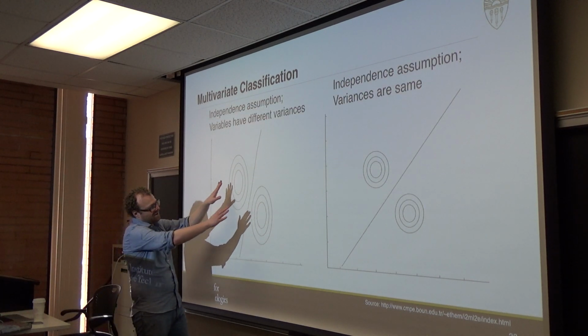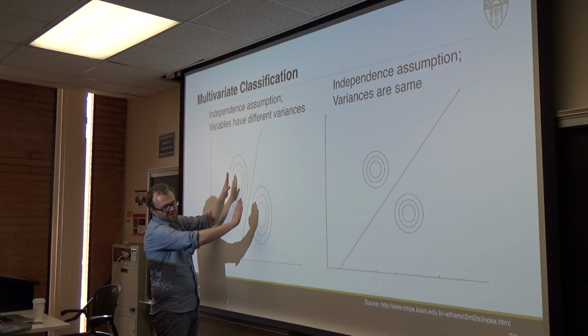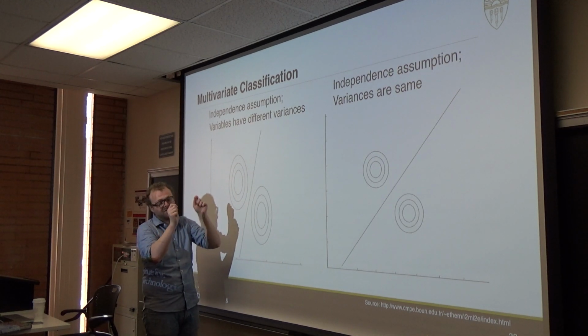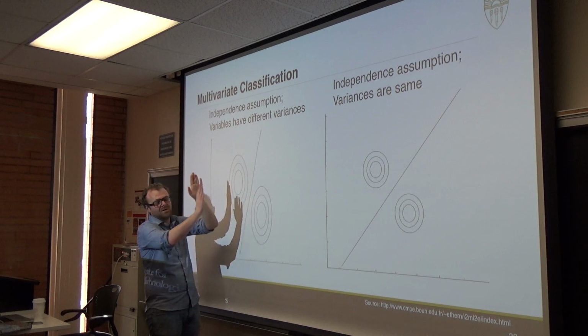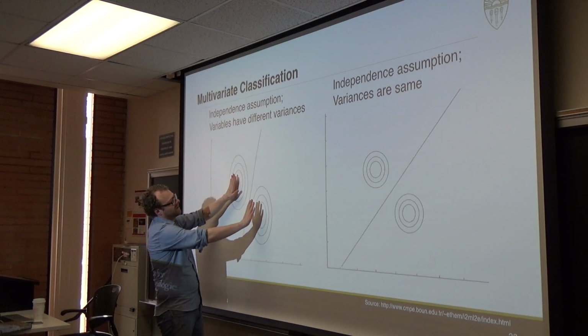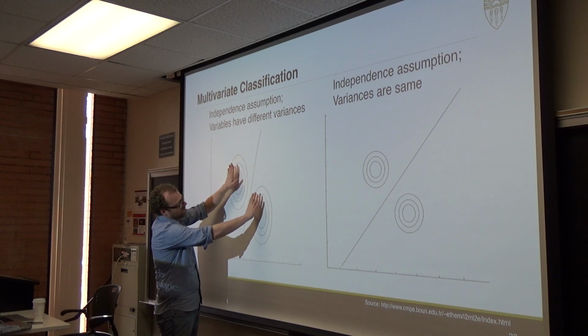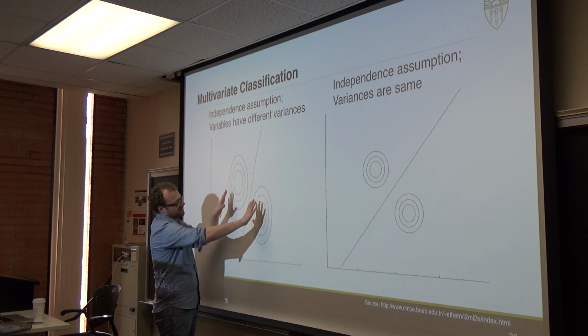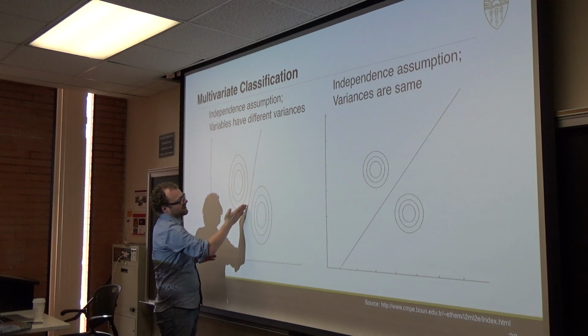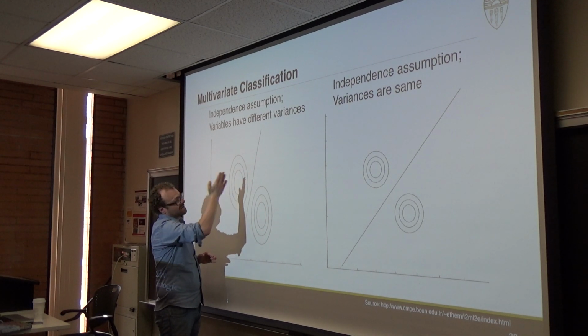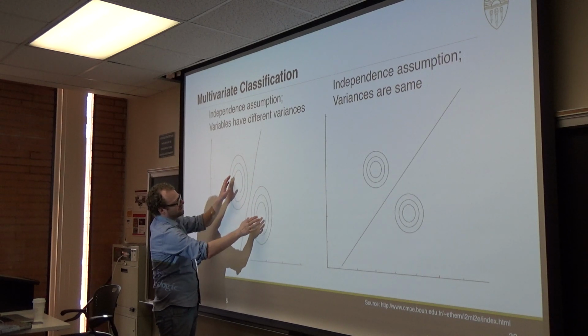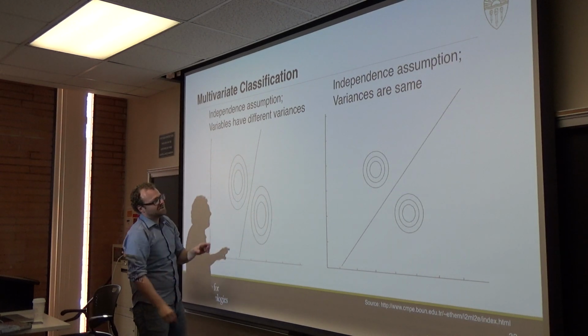And if you assume that the covariance between all the variables is zero, so that we assume independence, well then we don't get to turn these anymore, so we only can learn the different diagonals based off of the stretching here.